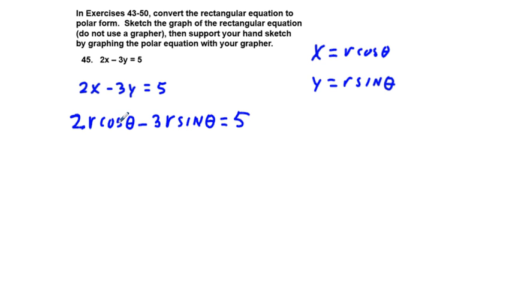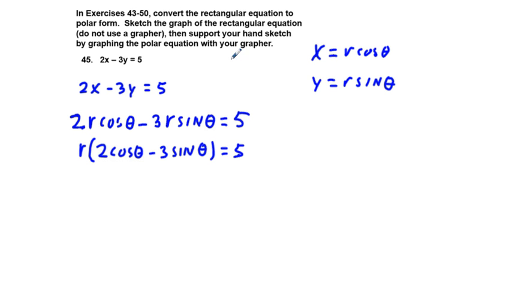Our common factor in these two terms is r, so we have r times the quantity 2 cosine theta minus 3 sine theta, and that's going to be equal to 5.